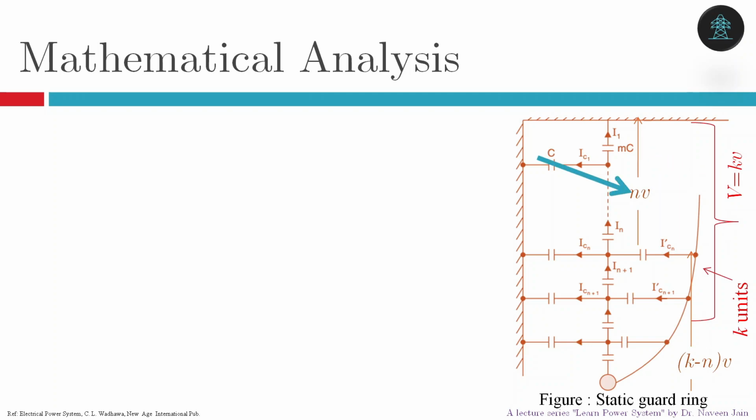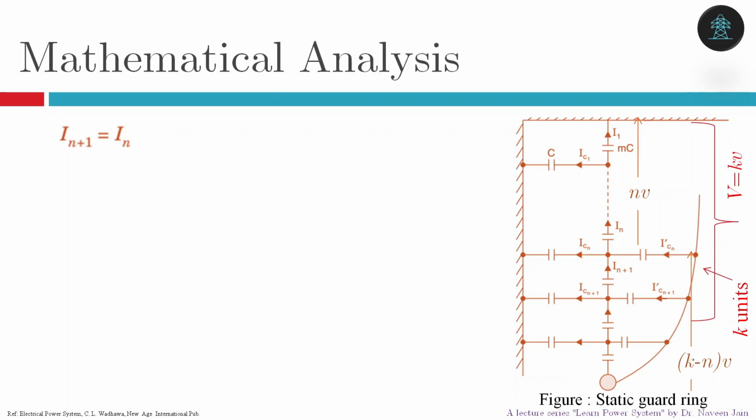Now for n units, the voltage drop across n units is n times V, because we are using this static shielding, the voltage drop across each unit is the same and that is V. Now the remaining units are K minus N. Hence, the voltage drop across the remaining units is K minus N times V.